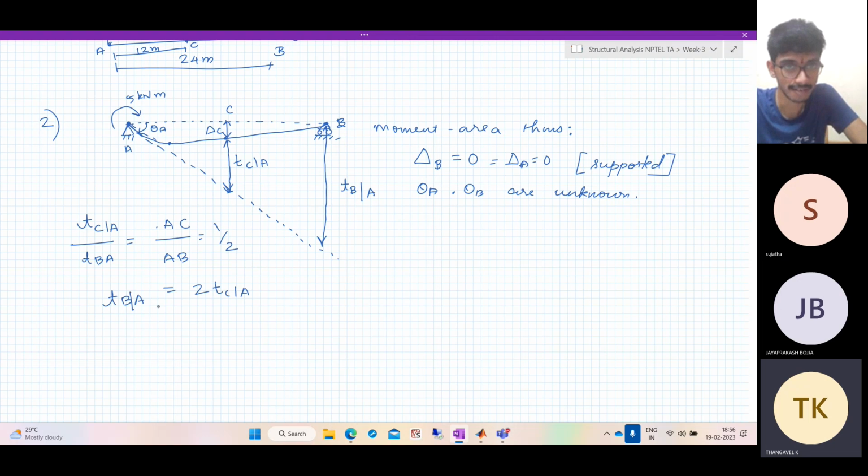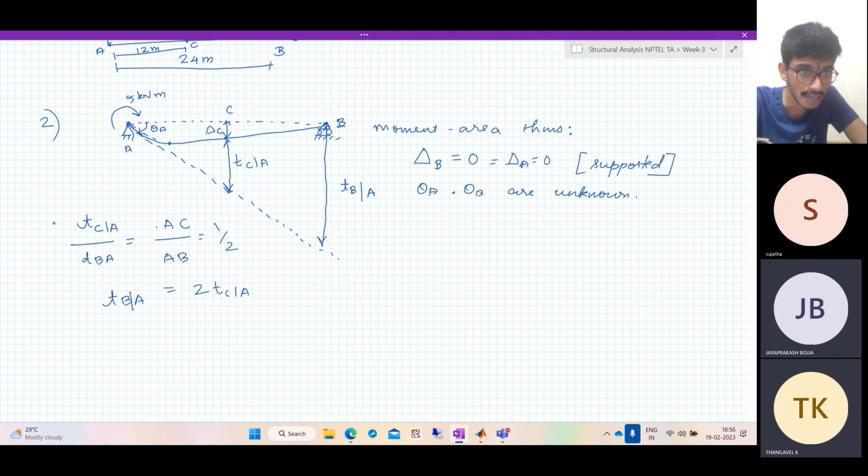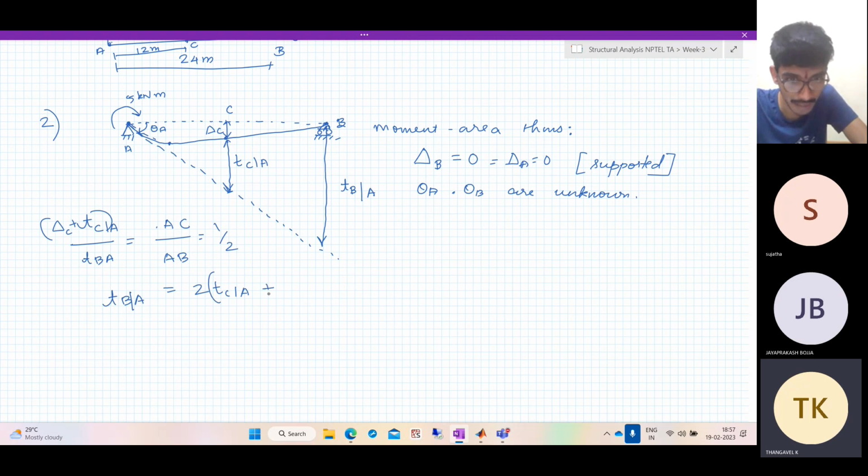And what is delta C? Sorry, it's not TCA, right? TCA is only so much, but we should see the full height. So it is TCA plus delta C. Yes. So TBA is 2 times TCA plus delta C. Now using this, TBA can be directly computed and TCA also can be directly computed.